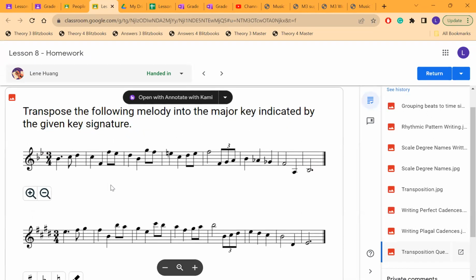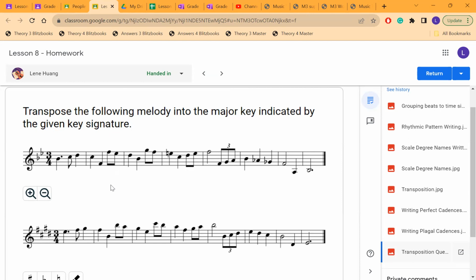B flat major. That's the whole question, if not cut off. Okay, cool. That's useful. B flat major to E major. Okay, 4 sharps.